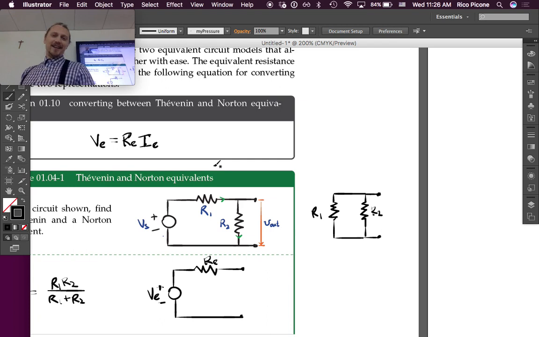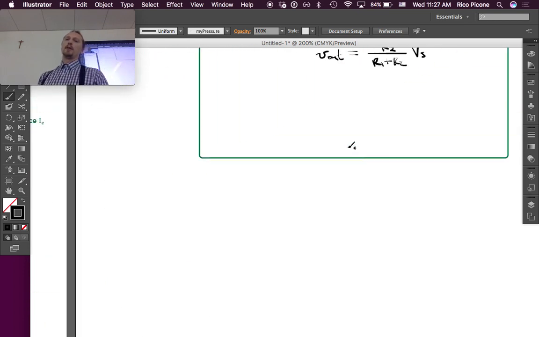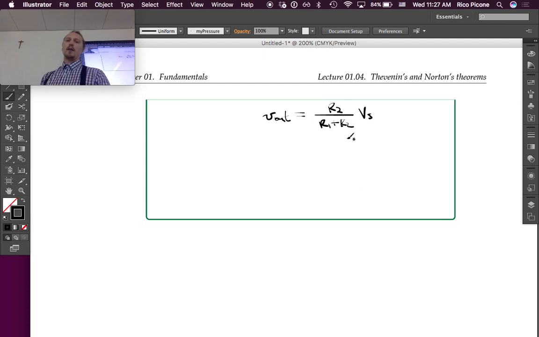But it's also, if we had switched R1 and R2 here, what would the formula be? If we were taking the output across R1, what would this formula be? R1 over R1 plus R2. Exactly. So you take the resistance of the resistor you're taking the output across, and you're putting it in the numerator. And then you sum them all up in the denominator, and that's the formula.